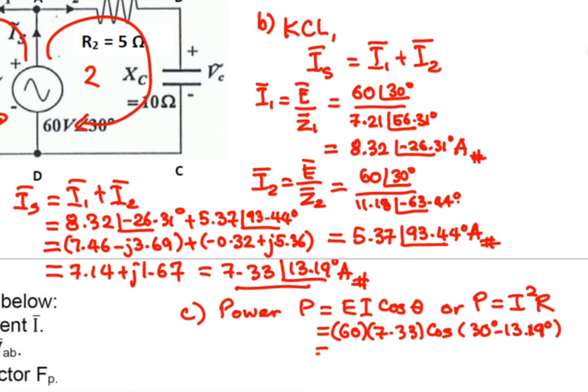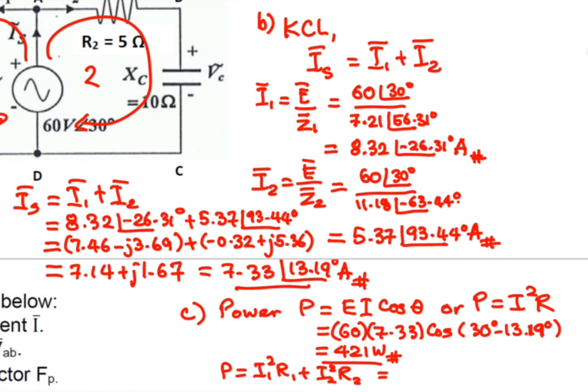That's equal to 421 watts. Alternatively, you can calculate power P as I1 squared R1 plus I2 squared R2. R1 and R2 are the resistive components of each loop.